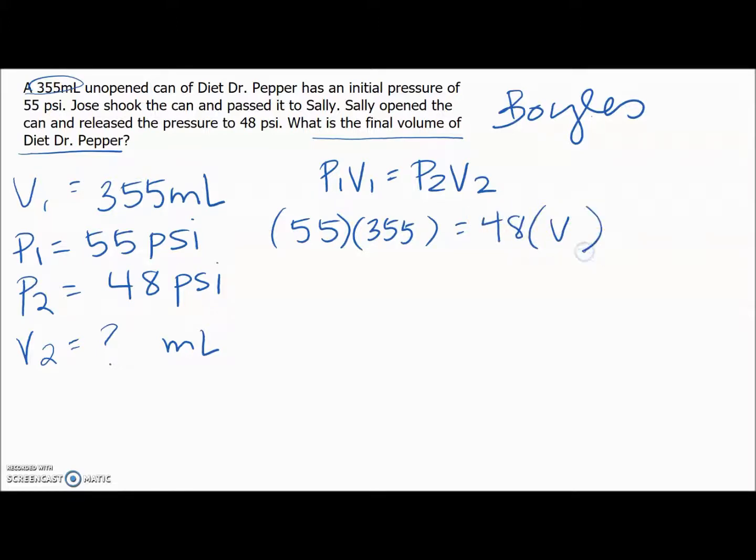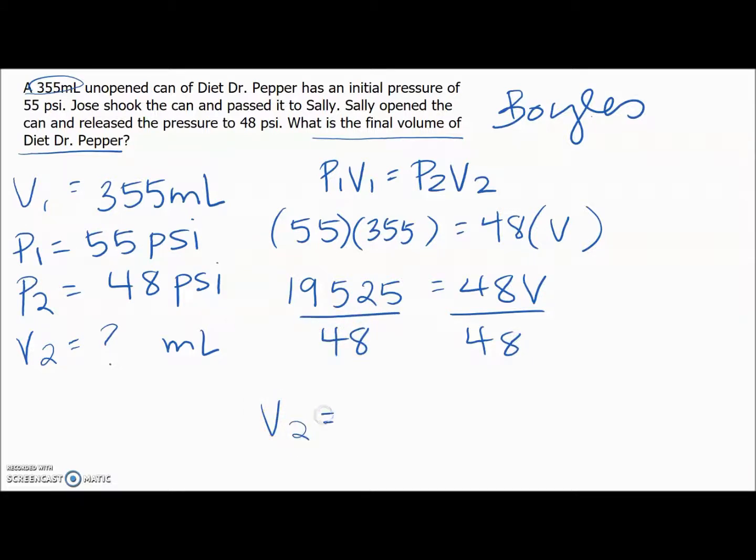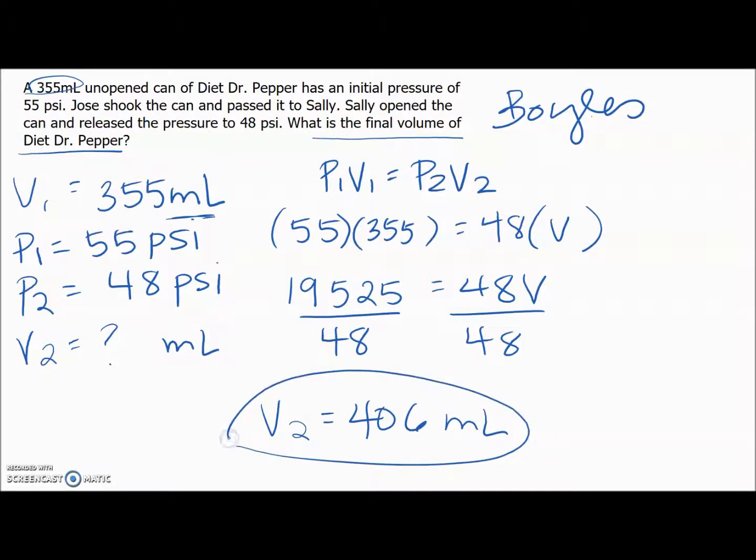I'm looking for that, so we'll leave that as V. So in solving this, if I simplify the left side, 55 times 355 is 19,525 equals 48V. When I divide by 48 to get V by itself, we get a total of V2 equals 406. My unit, because my first volume was milliliters, my final unit will be milliliters. So this is my answer to my unknown.